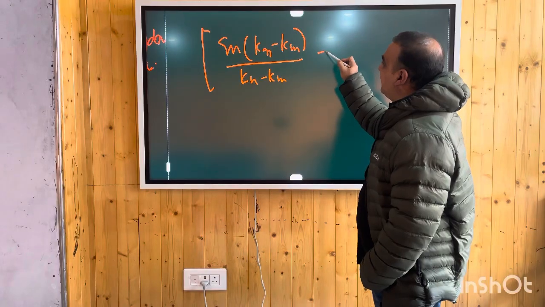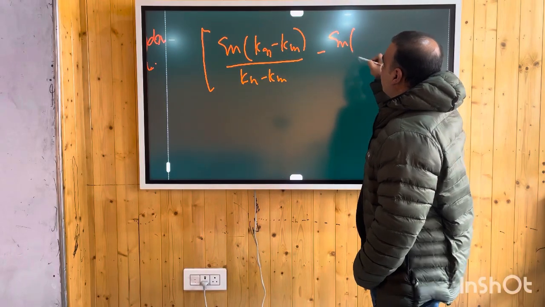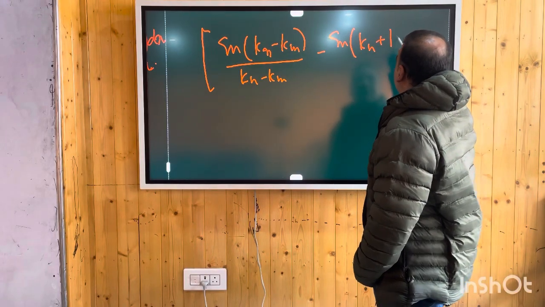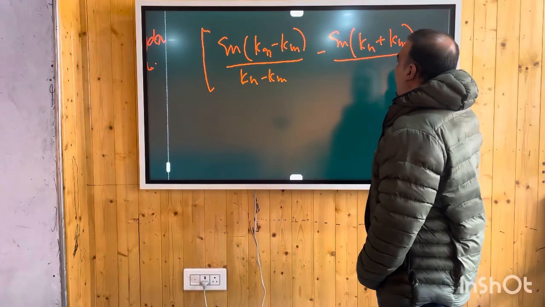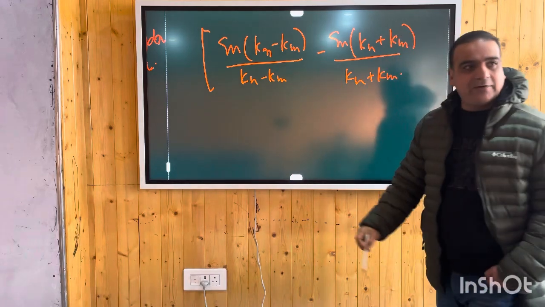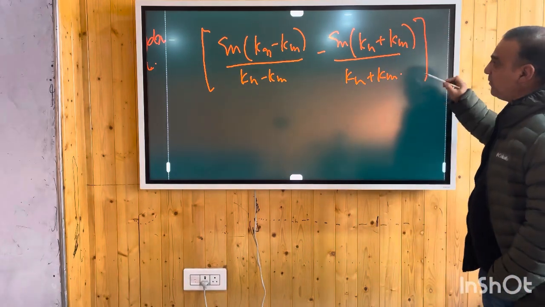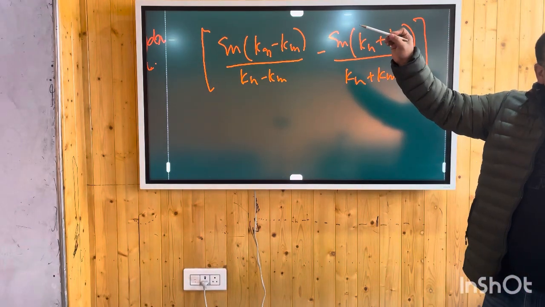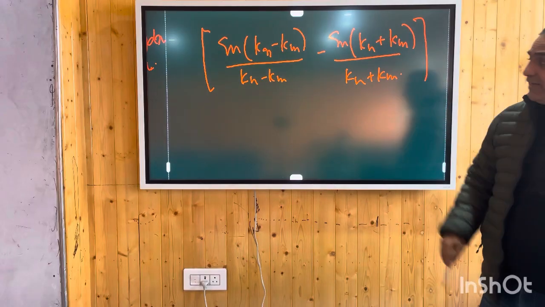Okay, then minus sine (Kn plus Km) L divided by (Kn plus Km). Are you getting it? So this is our upper limit. In case of the upper limit, that x is replaced by L, and the lower limit is gone.